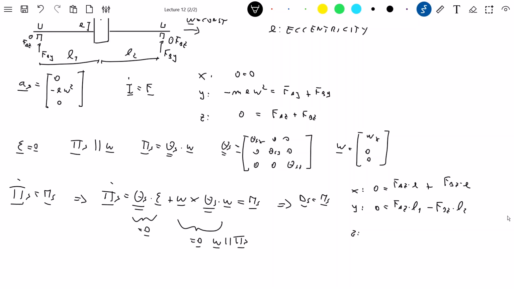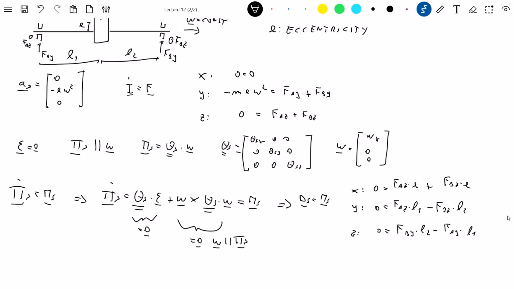And then we go in the z direction. This is the most interesting, because you have 0 equal to F_BY times L2 minus F_AY times L1, okay?